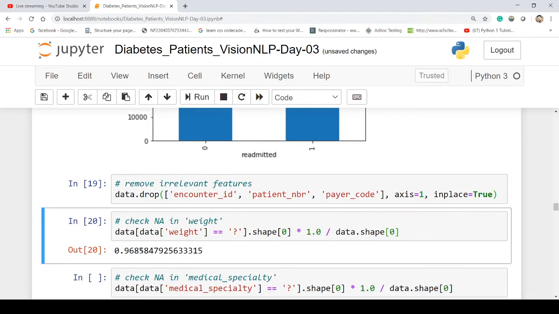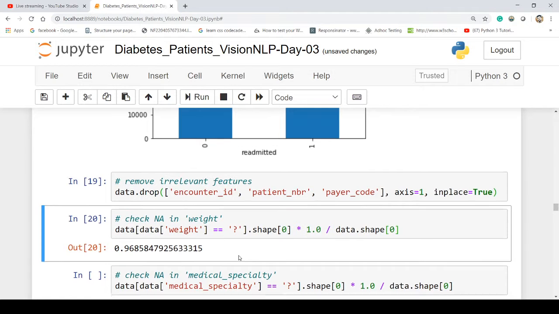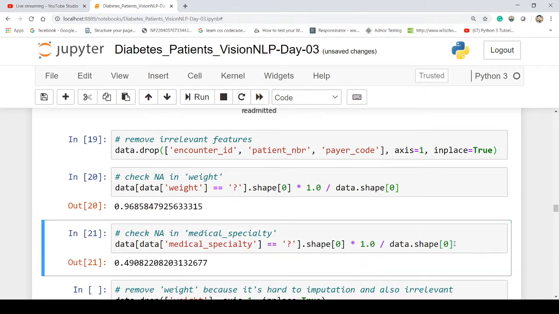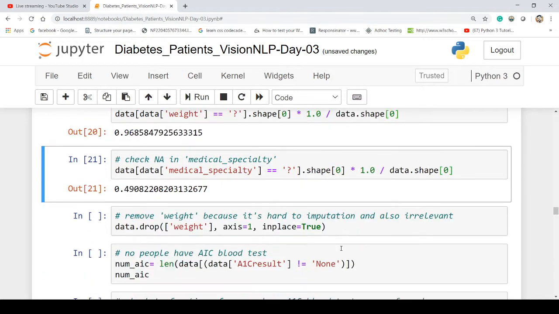So around 96 percent null values I have in my weight column. So definitely I don't need this, right? But we can check how many null values we have in other columns. Again, the medical specialty, we can check how many percentage data we have, around 49%, which doesn't make any sense.